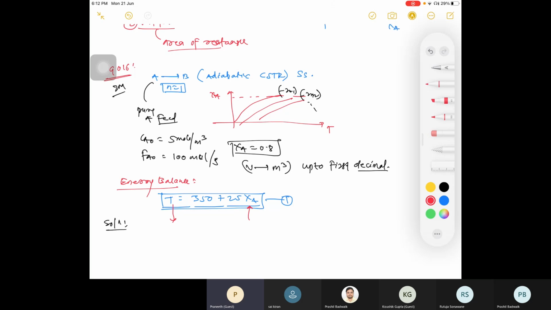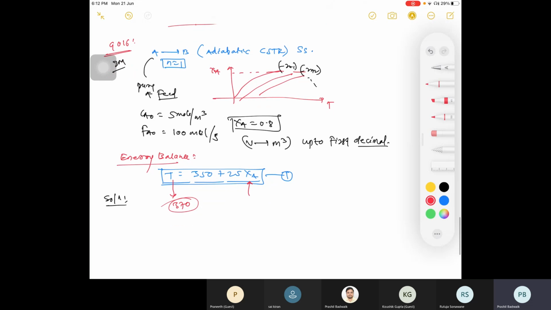So 370, right? What you need to calculate? That is your volume. For CSTR, what is the formula? V divided by Fa naught is equal to Xa divided by minus Ra, at exit. Here it is at exit, right?